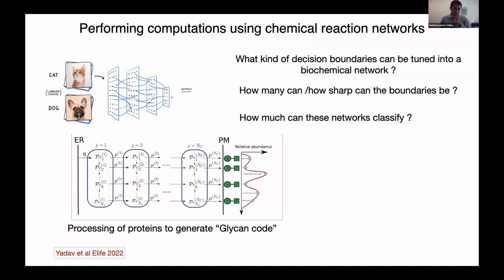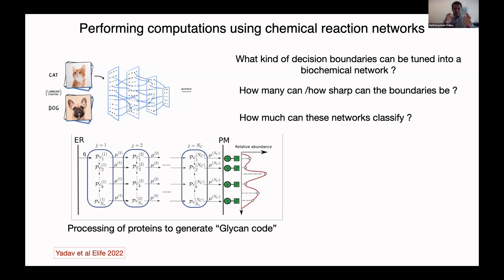This is a schematic of the kind of network that shows up inside the Golgi apparatus. It's a highly simplified schematic of the network that shows up when proteins are taken and a glycan coat is constructed on the proteins, and I'm speaking in very simplified terms.